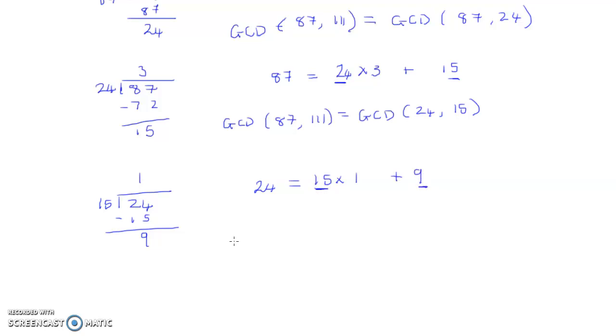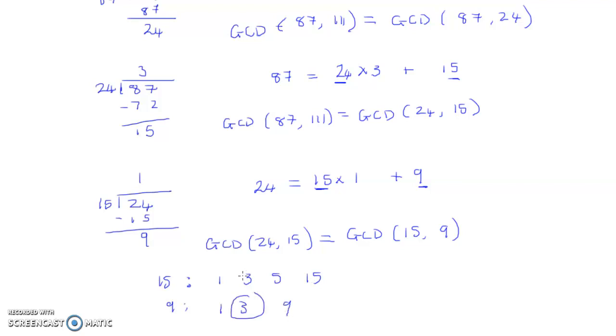Now we can take these two, and we can say that the greatest common divisor of 24 and 15 is now the same as the greatest common divisor of 15 and 9. And at this stage, you can say that the divisors of 15 are 1, 3, 5, and 15, and the divisors of 9 are 1, 3, and 9. So we have 3 as the greatest common divisor.